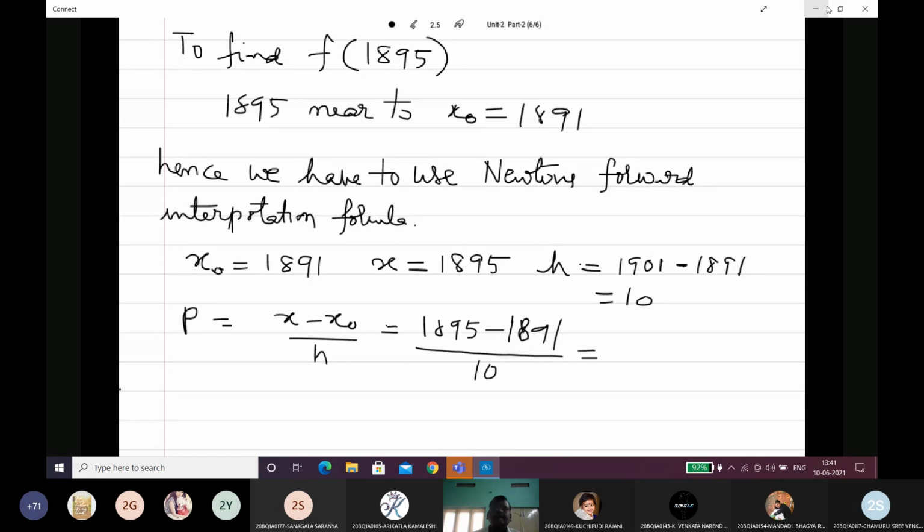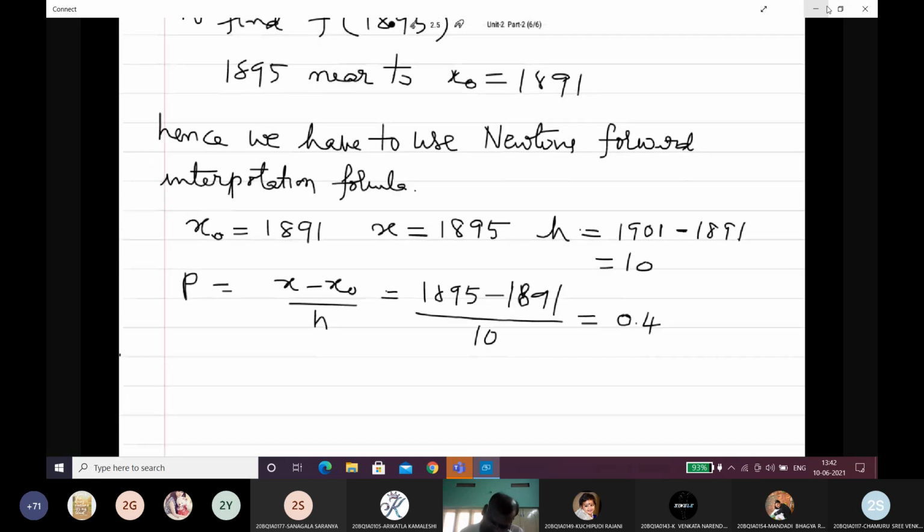Take the calculator. 0.4, sir. 0.4. This is the P value.